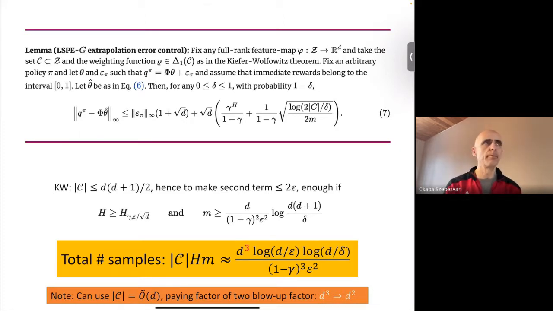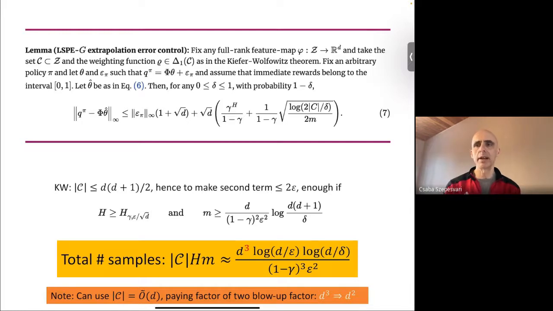Actually, you can go with almost linear in the dimension number of core state action pairs. So C could be chosen such that the number of elements in C is almost linear in d, and yet the blow-up factor would not increase by much.